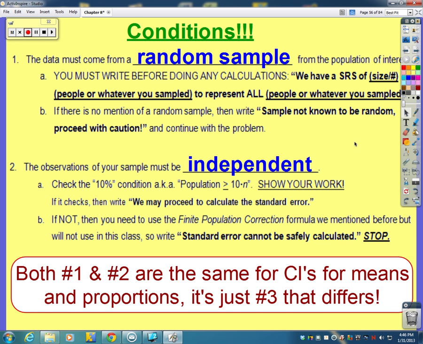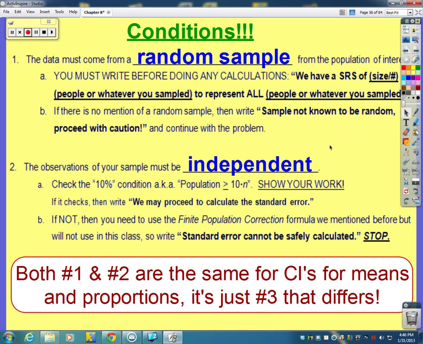Now, the conditions, we talked about them in the last video. They're all pretty much the same as for proportions, especially the first two here. So you still have to check, is there a random sample? We mentioned before that if the sample was taken in such a way that would produce a large amount of bias, for example, with a volunteer sample, you probably just don't want to do the whole thing at all.